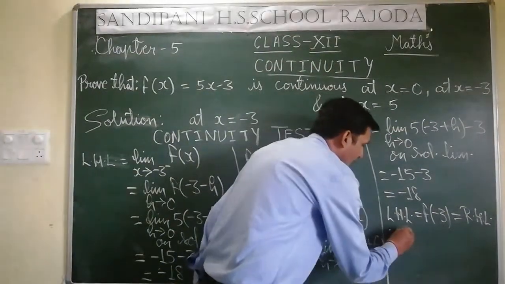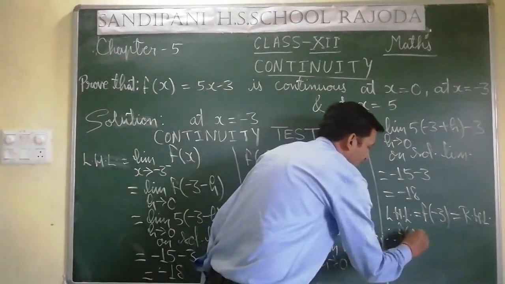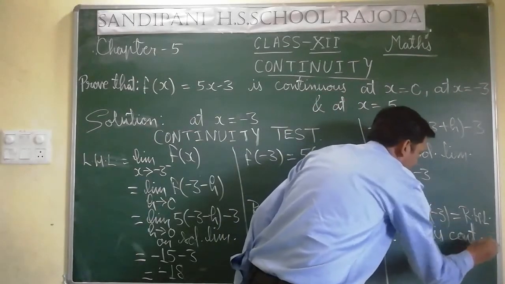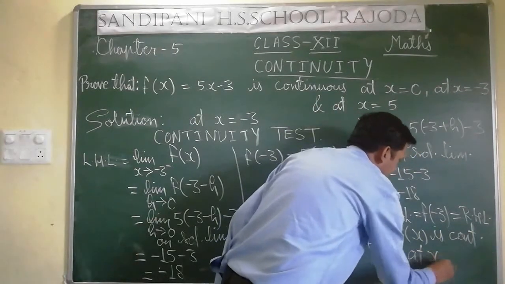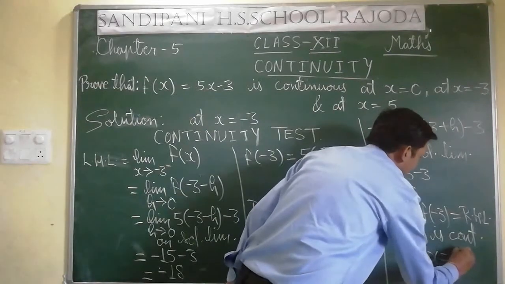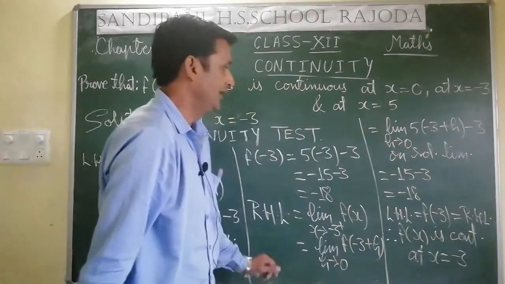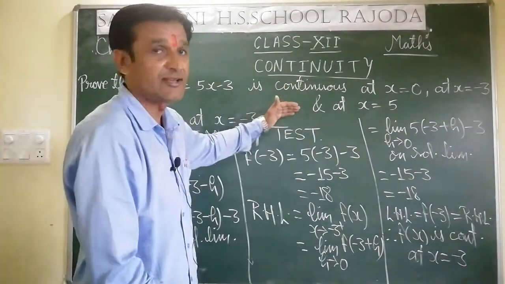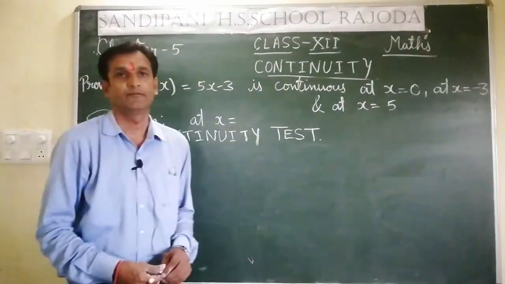Therefore, the function f of x is continuous at x is equal to minus 3. In this way, we have checked the continuity at x is equal to minus 3 also.